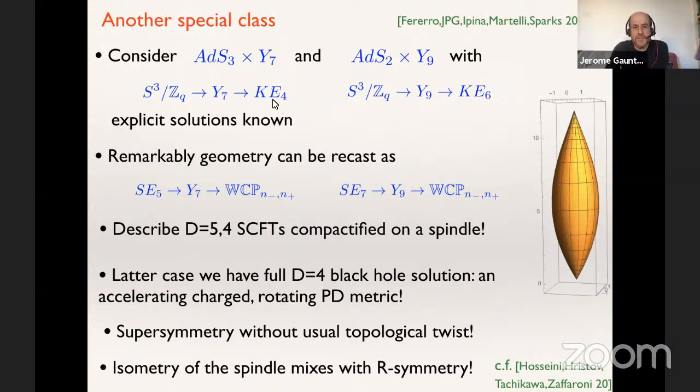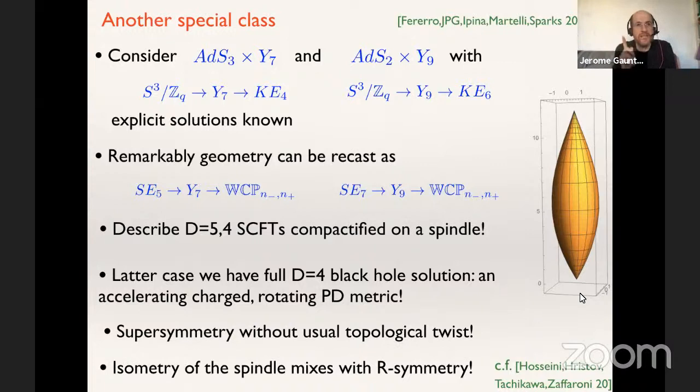So the Riemann surface is gone and replaced by a Kähler-Einstein space. It turns out that you can recast those solutions as Sasaki-Einstein fibrations, not over a Riemann surface, but over a spindle. So you can replay all the extremization principle that I was describing before when I had Sasaki-Einstein 5 fibered over a Riemann surface, but now over a weighted projective space, the spindle, and everything goes through.